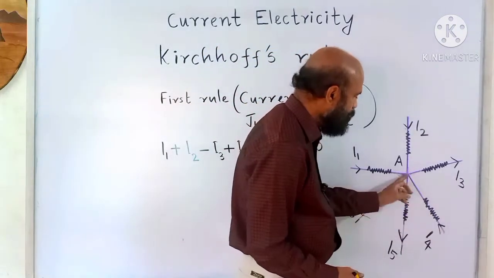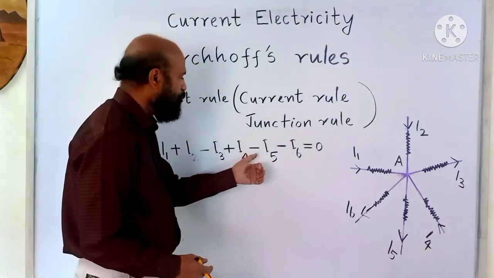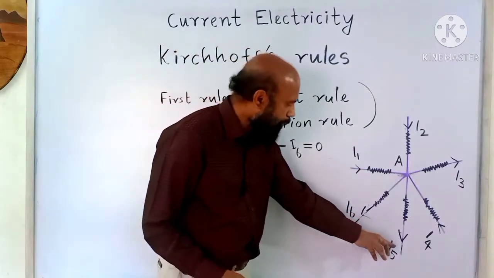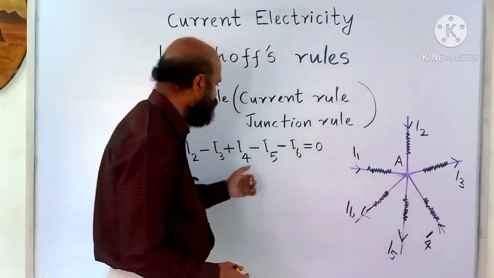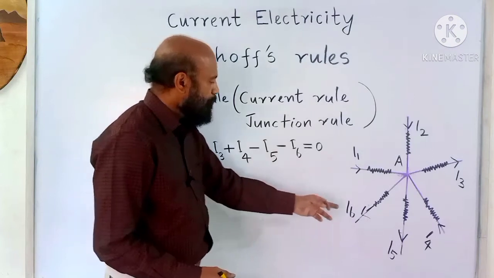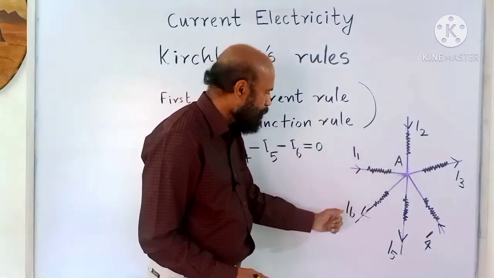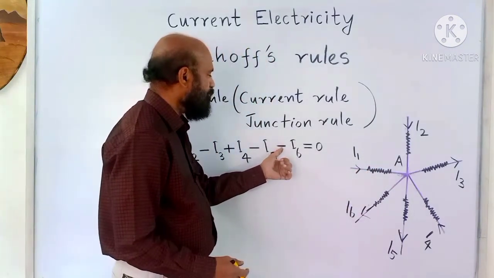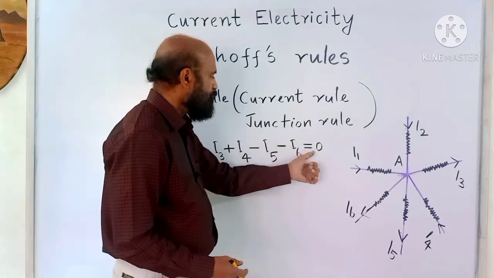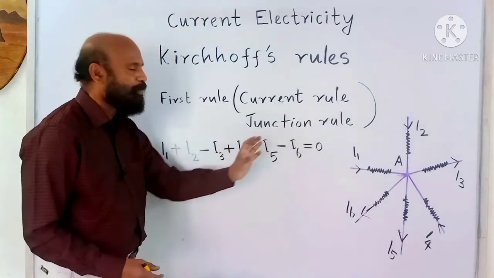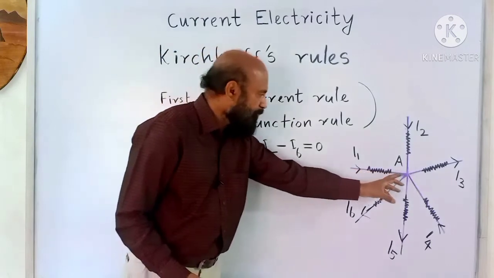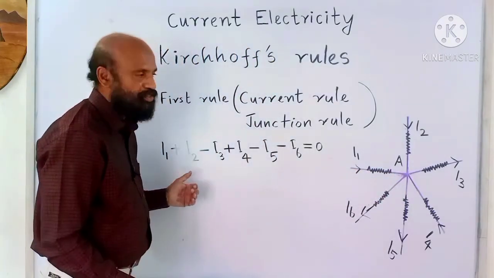I4 is again coming towards the junction, so plus I4. Then I5 is going away from the junction, so minus I5. I6 also going away from the junction, so minus I6 is equal to 0. Algebraic sum of currents meeting at a junction in a circuit is 0.